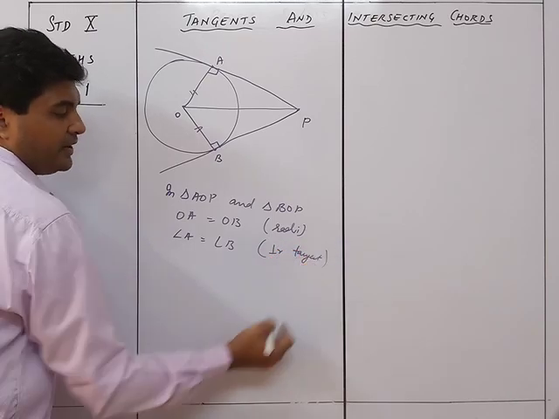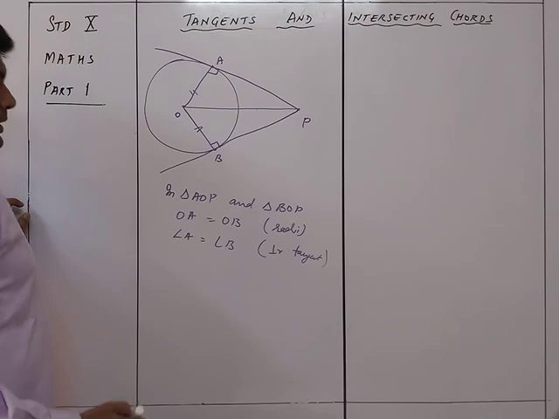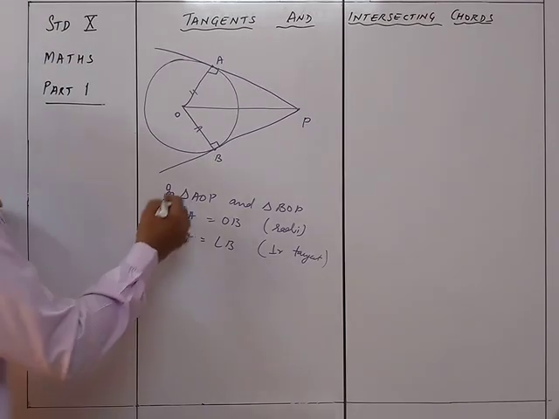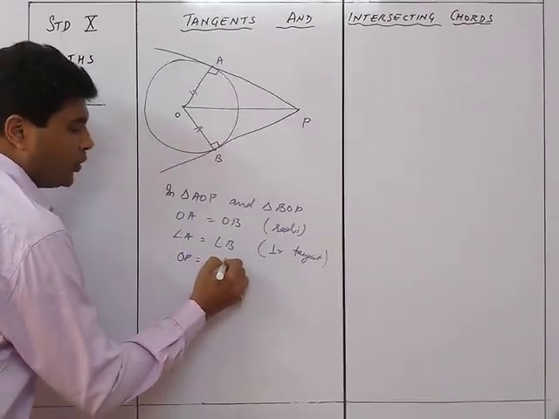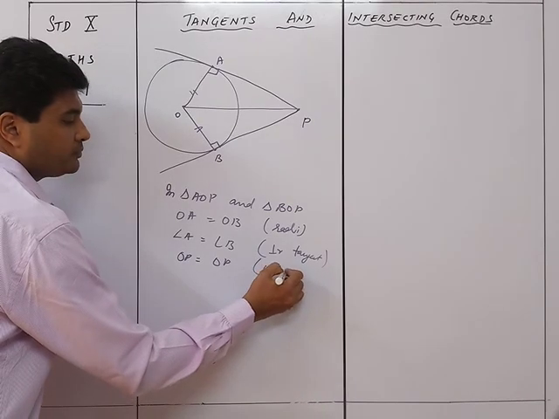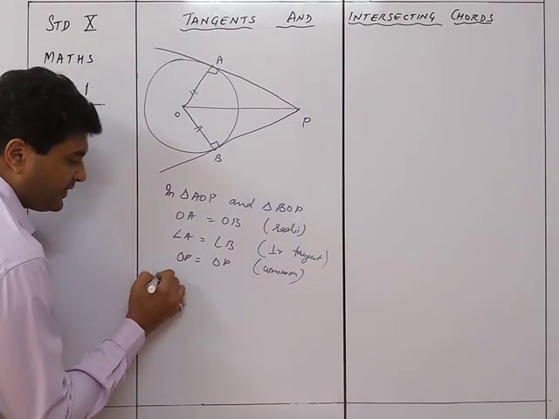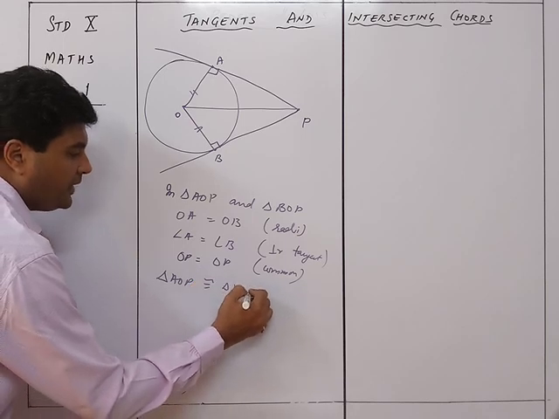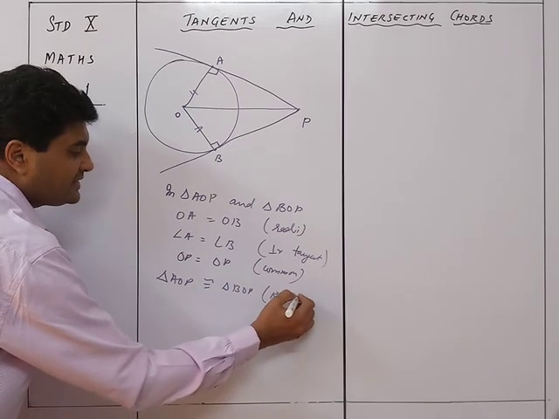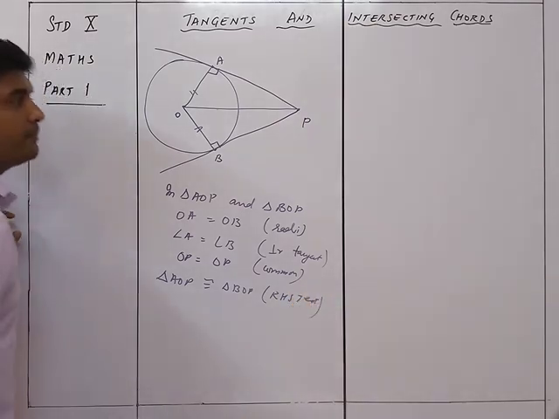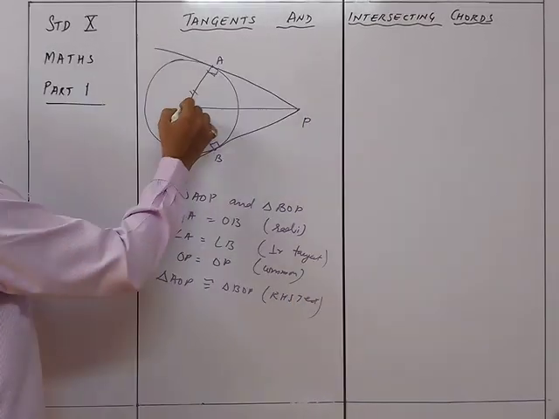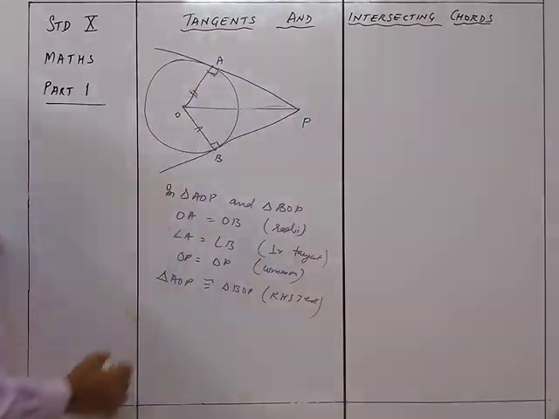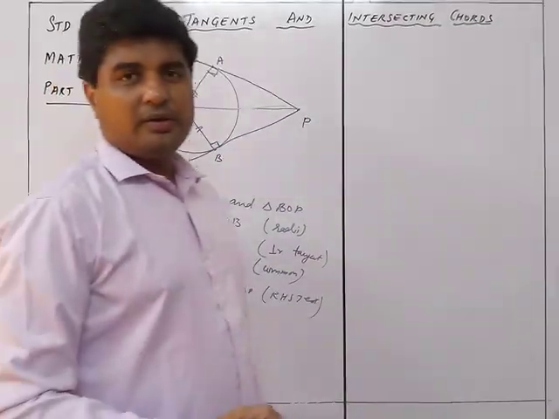So tangent is perpendicular to the radius, that is 90 degrees. And lastly, OP will be equal to OP, that is common. So we see that triangle AOP will be congruent to triangle BOP by RHS test. It is R, H and S test by which the two triangles are congruent.